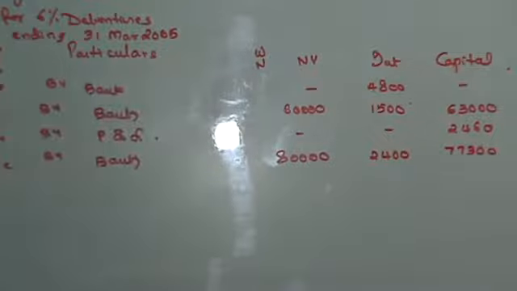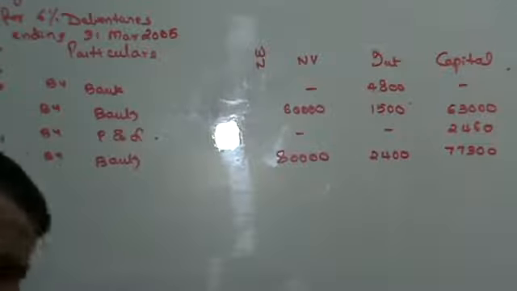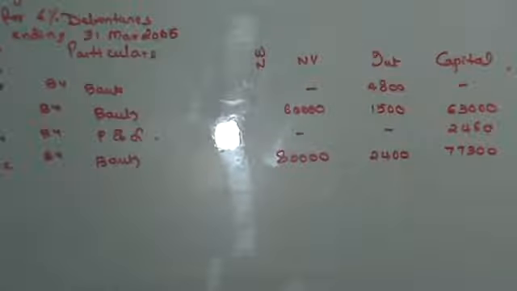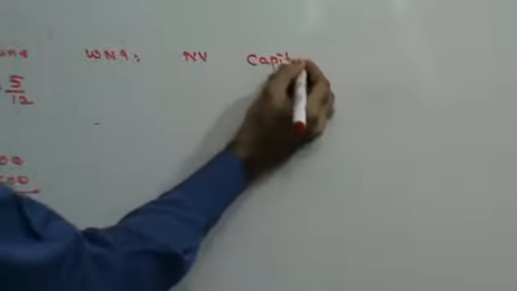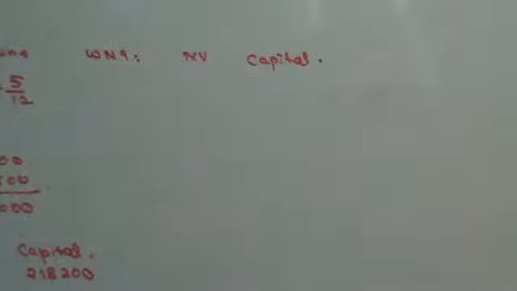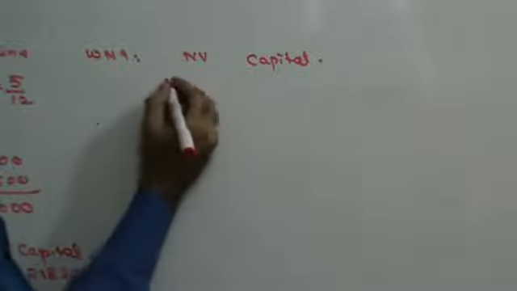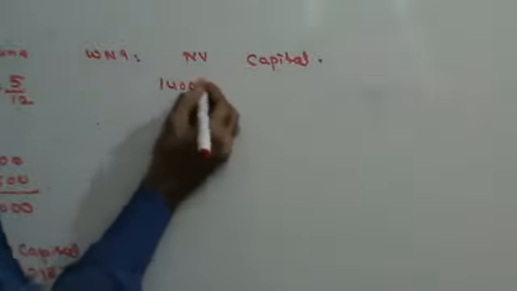Now since I have sold them, I'll have to calculate the profit or loss. Nominal value, and the next is capital value. I have to consider all transactions before 31st December. What is the nominal value of investments held by me? 1,40,000. I had 2 lakhs, out of which I had sold off 60,000. What's the capital value of investments held by me?